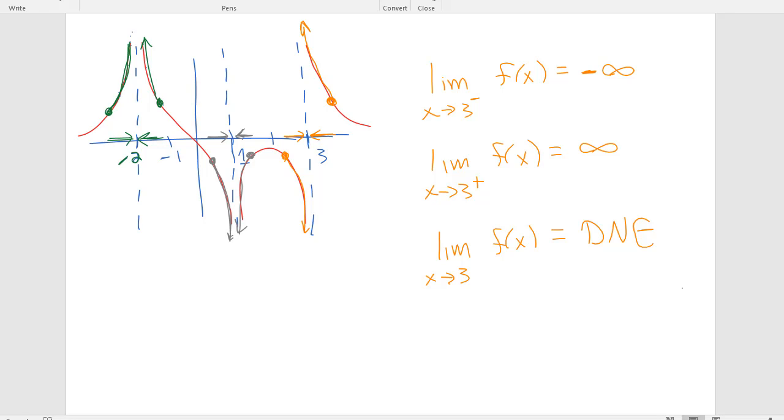We looked at some visual examples where we might have a two-sided limit that doesn't exist, at a discontinuity where we possibly have holes in the graph, and then vertical asymptotes where we have limits going off to infinity or negative infinity. We also talked about how to explore limits numerically in a table and using some technology to make that a little bit more efficient.